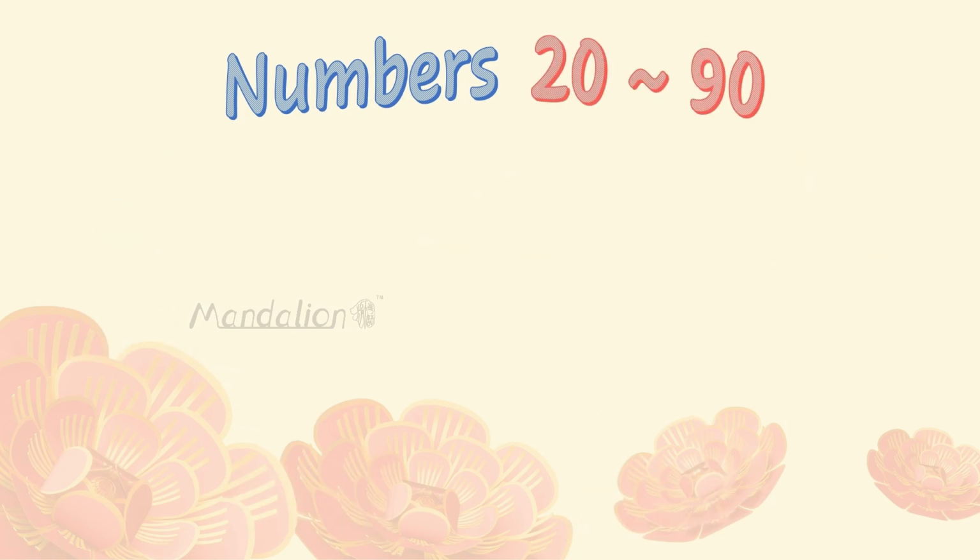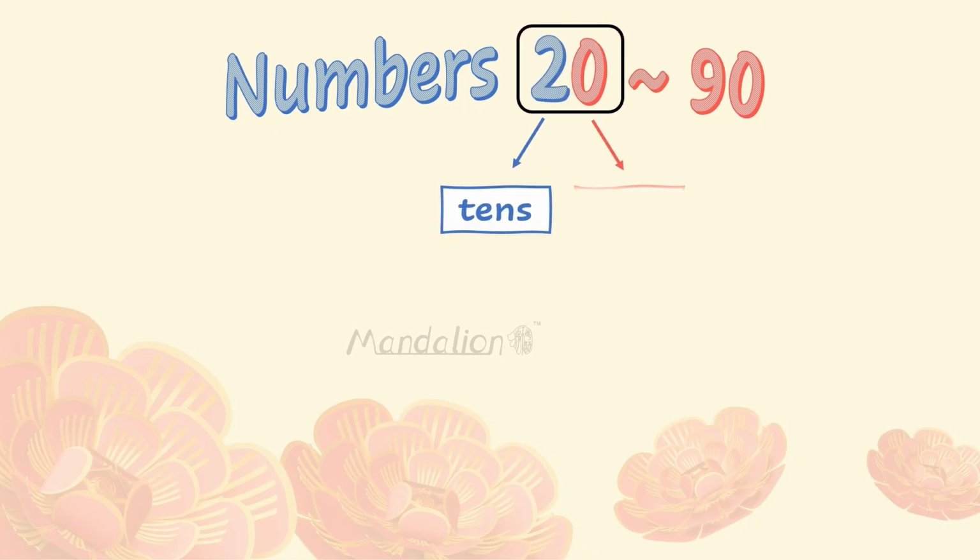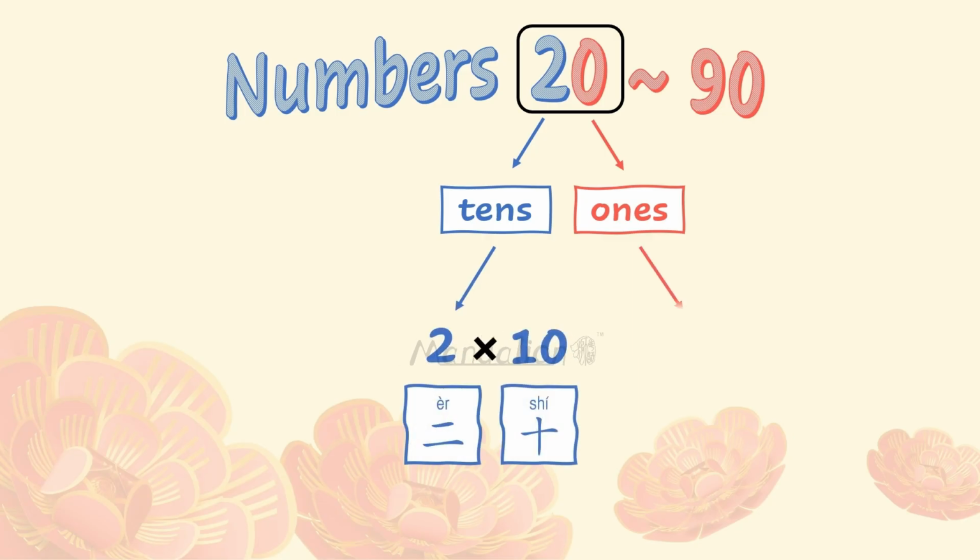The next number after 19 is 20. So let's take a look at how multiples of 10 are formed in Chinese. The same tens and ones rule applies. 20 is made up of 2 tens and 0 ones. Hence, 20 is simply 二十, which literally means 2 tens.